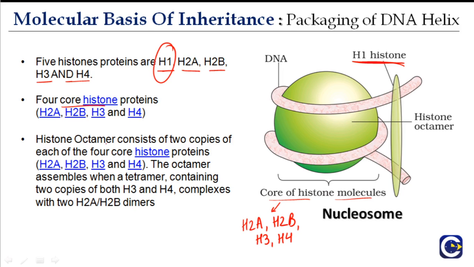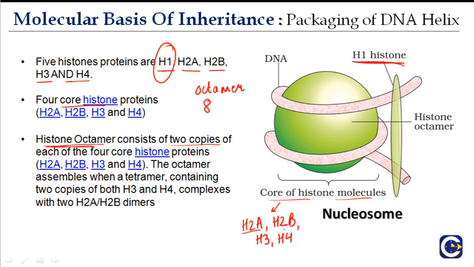So the histone octamer, we talked about it in the previous slide. The histone octamer consists of 2 copies of each of the 4 core histone proteins. What is an octamer? As the name suggests, 8. How do these 8 come about?